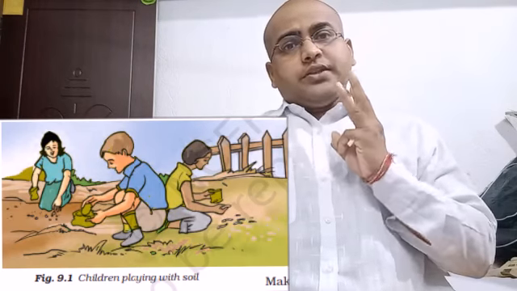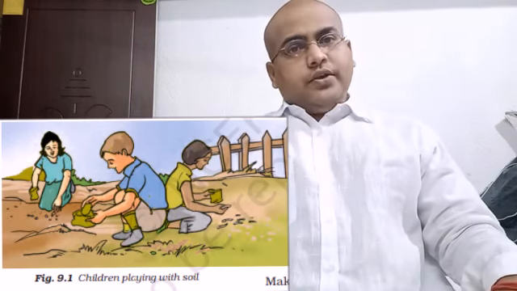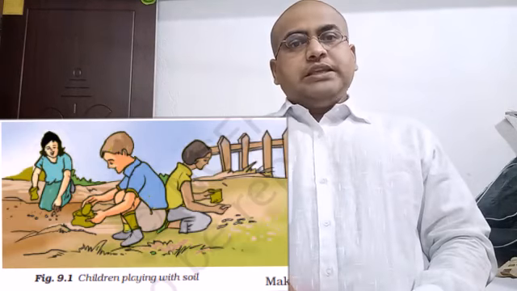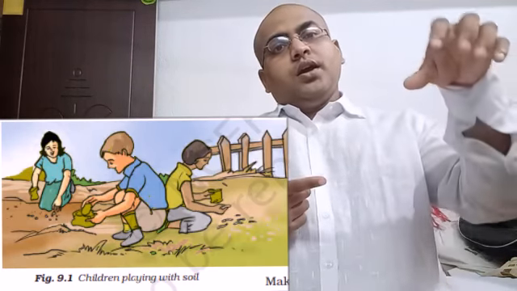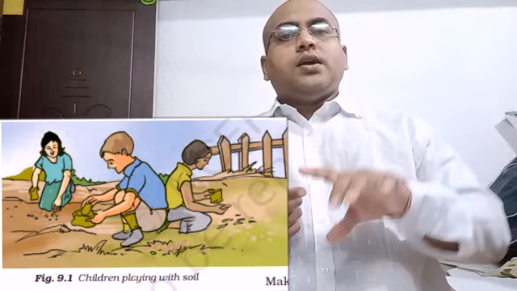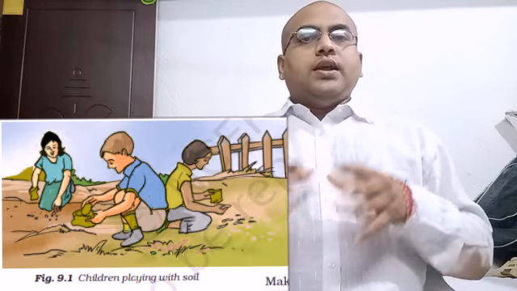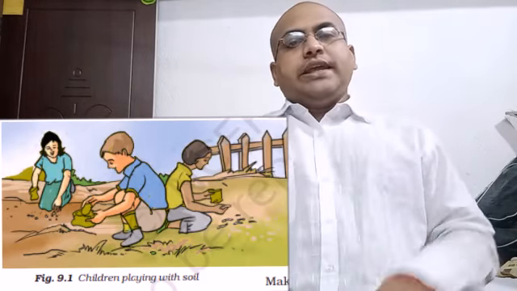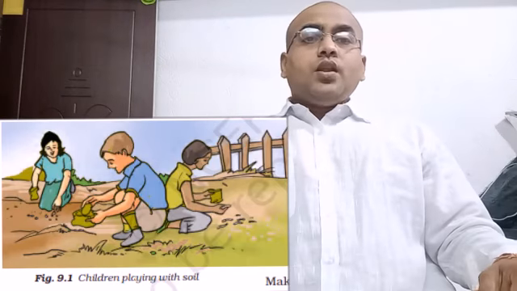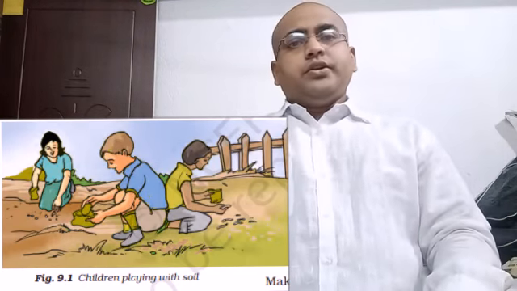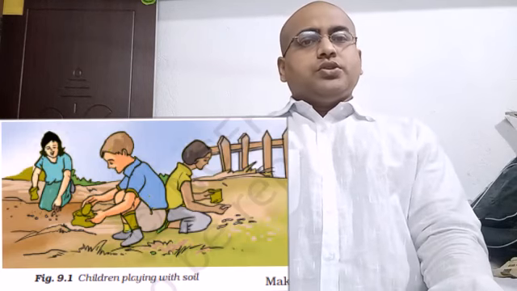There are mainly three properties of soil we are going to discuss today. Number one is percolation rate, which means if we pour water on the soil, how much time it will take to go inside. It will vary from soil to soil.